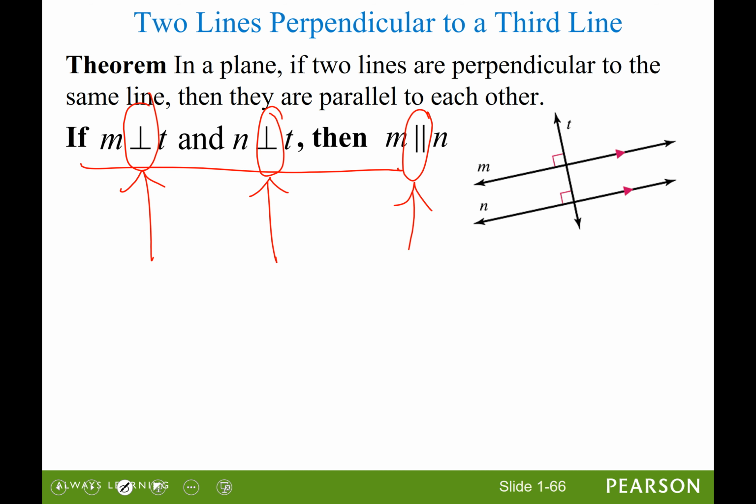First condition is that M has to be perpendicular to T. Check, that's right there. Second condition, we need N to be perpendicular to T. Right here, check, got that. Then we can say that M is parallel to N, and that is what allows us to put these arrows right here.